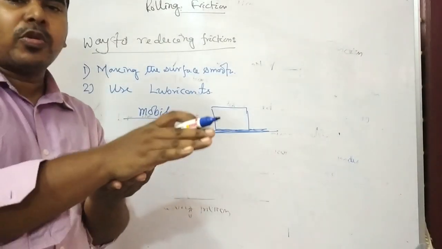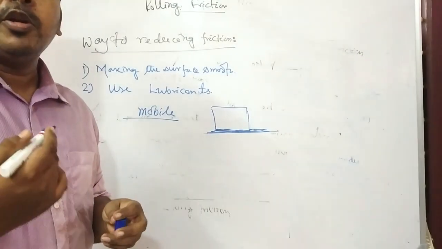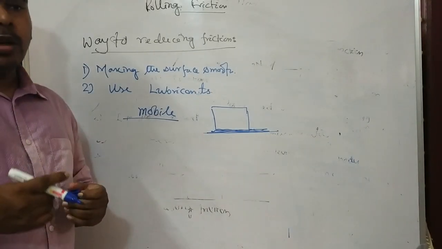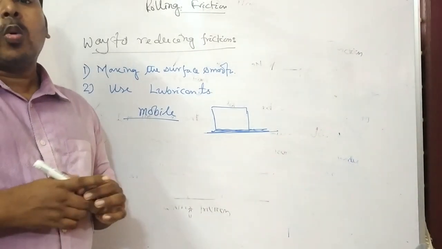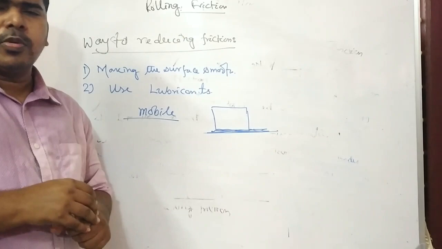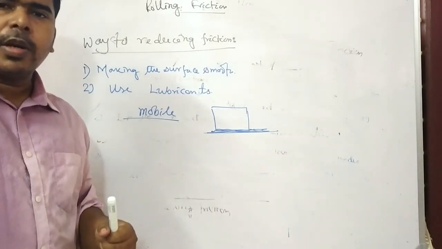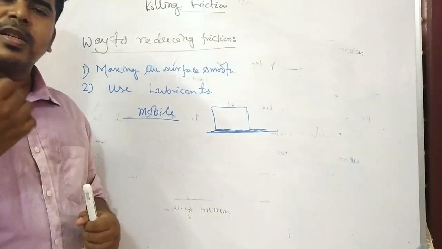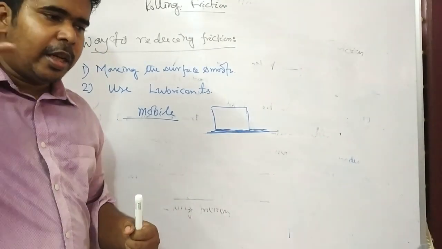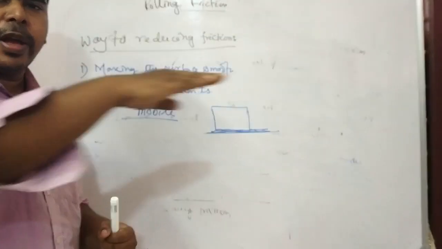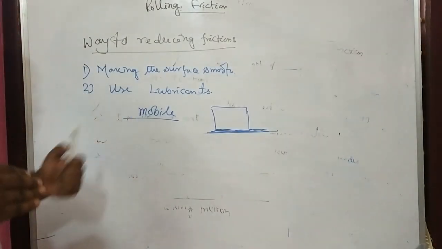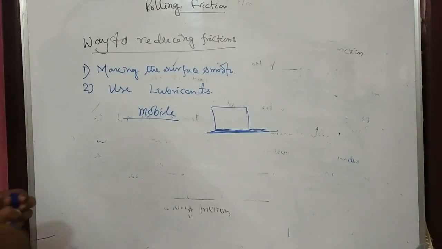As it slips over, the friction will be reduced. Many of you have used collapsible gates at home. Sometimes we put oil inside them. What is the reason behind that? So that it can move very fast. That is the reason we use lubricants.